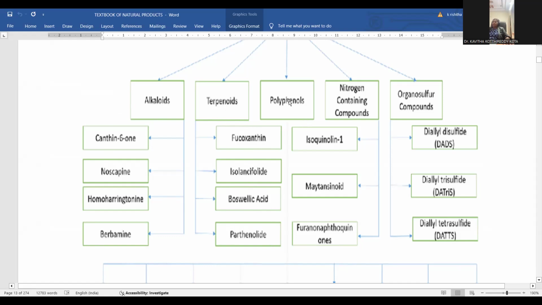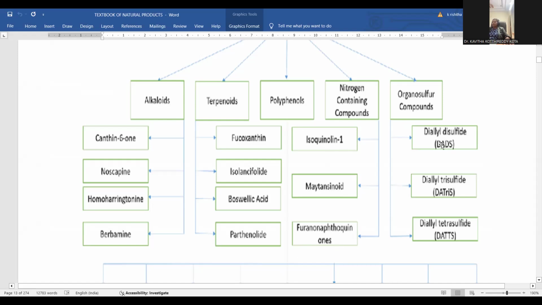Polyphenols are another category, where phenolic groups are polymerized. Nitrogen containing compounds include isoquinoline, maytansinoid, then quinones. This is the way nitrogen containing compounds, another category apart from the alkaloids, are included.